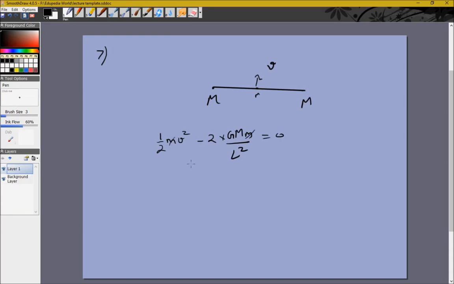Small m cancels, which gives me v is equal to 2 root of GM by L. So obviously out of A, B and C, option B is correct. And option D is obviously correct because gravitational force is a conservative force, so the total energy will remain constant.